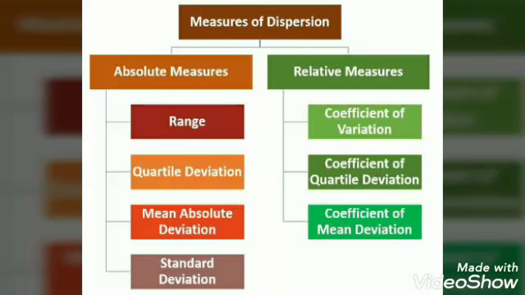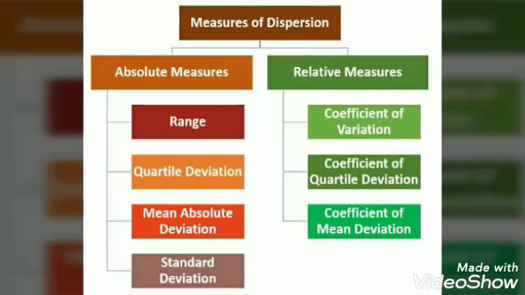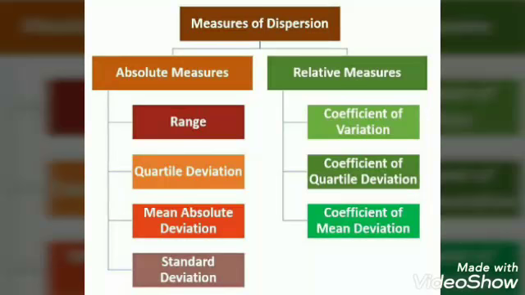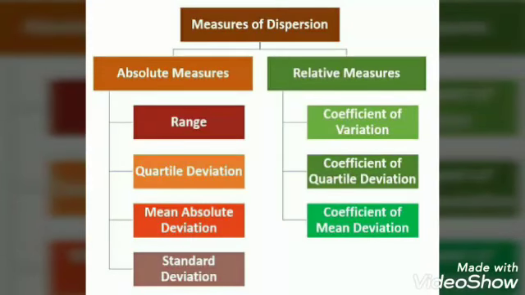Whereas under relative measures, we will do coefficient of range, coefficient of quartile deviation, coefficient of mean deviation, and coefficient of variation. We will take each method one by one.